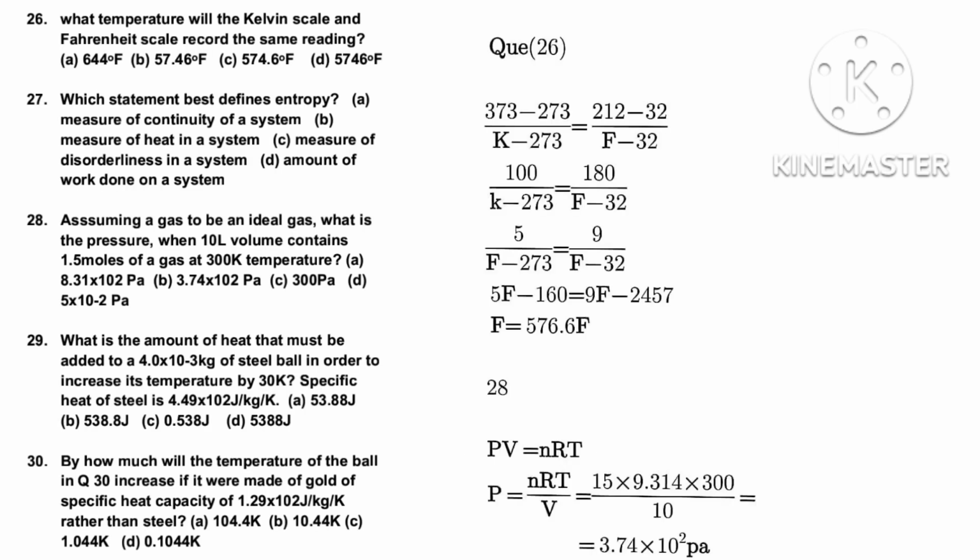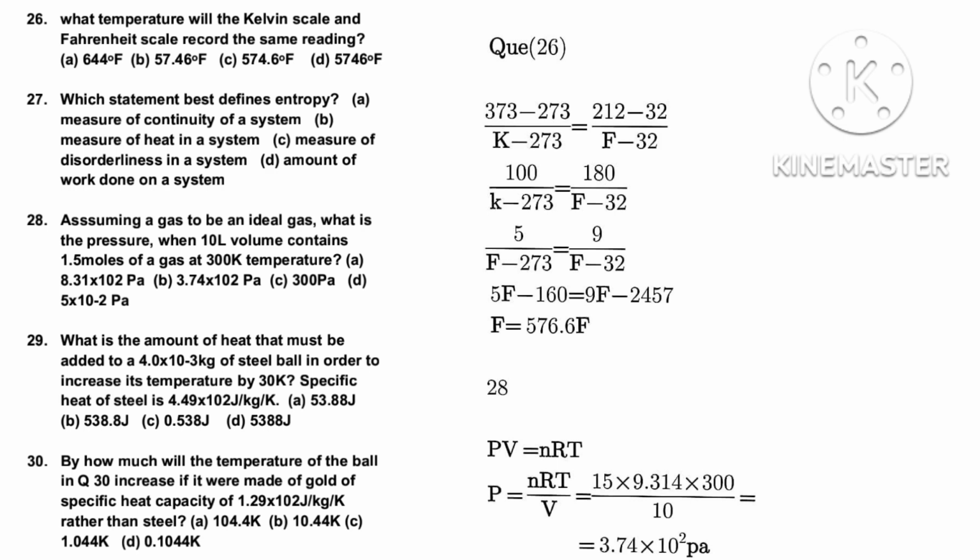When will the temperature of the Kelvin scale and the Fahrenheit scale record the same reading? So this is when we have (373 minus 273) over (K minus 273), just like the previous one we did earlier.